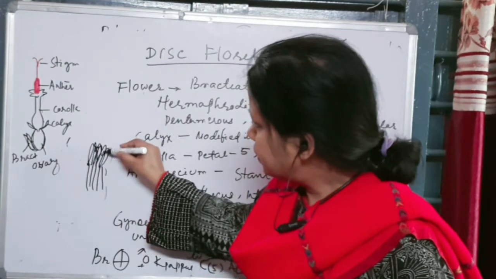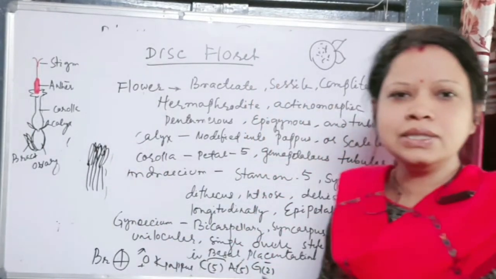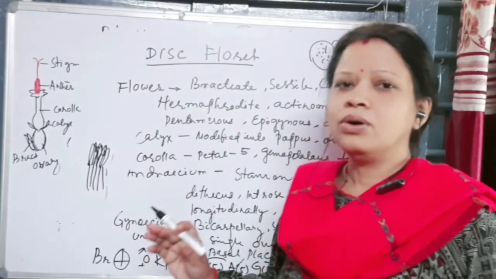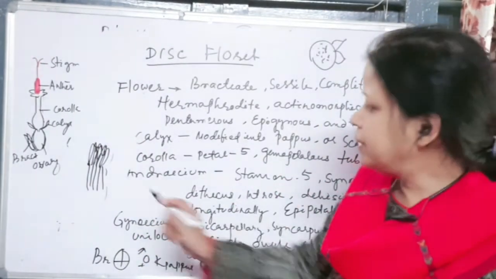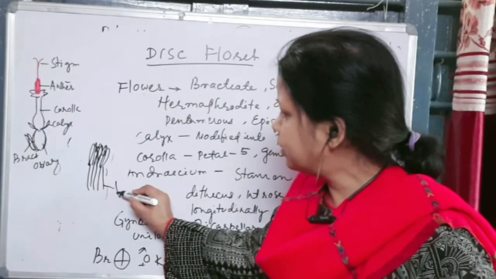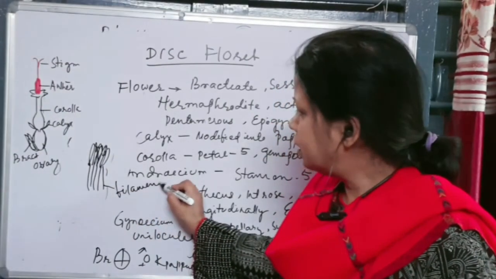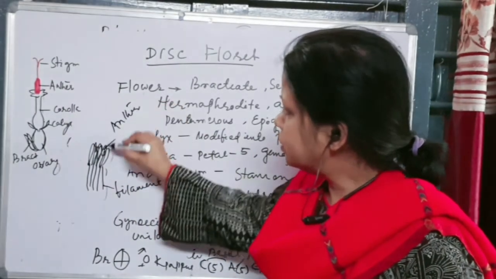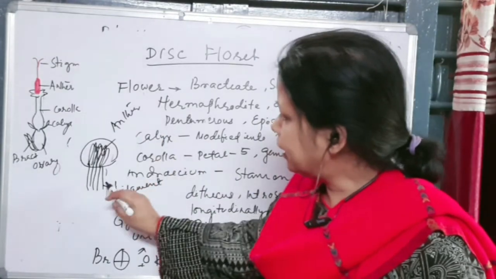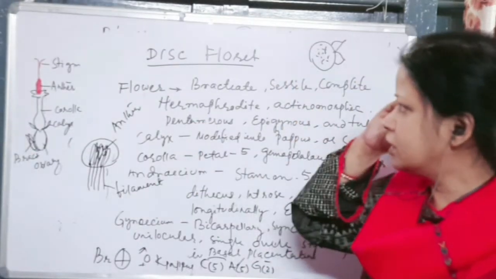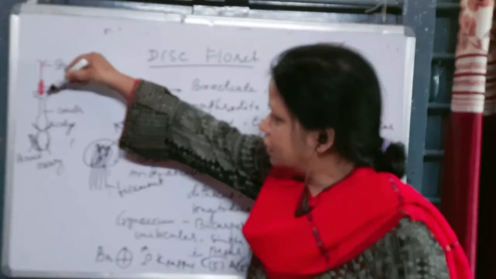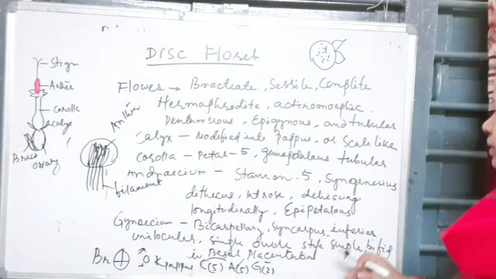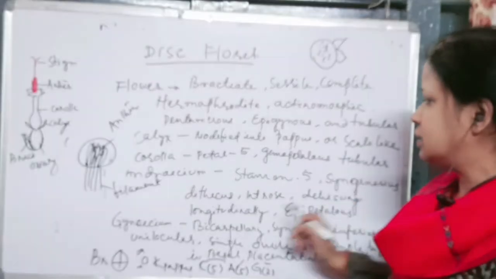This is called syngenesious condition. This is the filament of the stamen, and this is the anther of the stamen. So anthers fuse together while the filaments are free. This condition is called syngenesious.